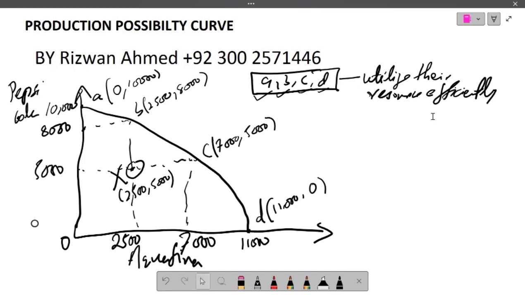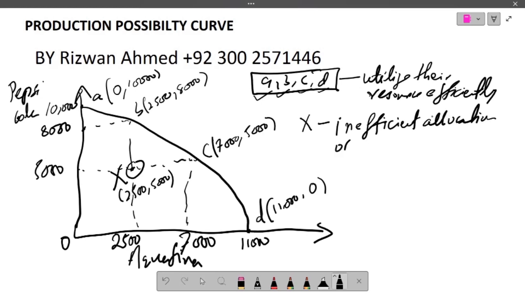Or on the other hand, you can say that with 2,500 units of Aquafina, they can produce 8,000 units of Pepsi Cola, but they are producing less. That means they are inefficient. So you can say point X shows inefficient allocation of resources.